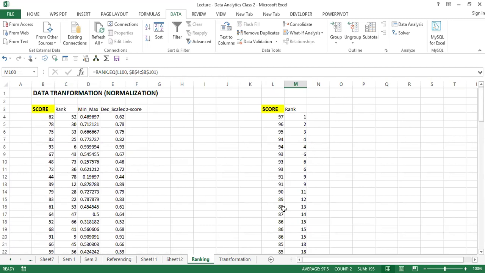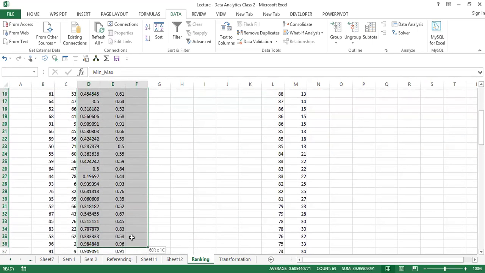So you see, it doesn't correspond. Why? It's just a measure of position. It's not a direct value transformation. It doesn't absolutely transform the values. But these ones are real transformations.